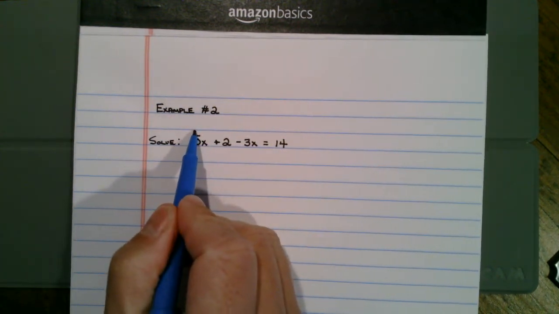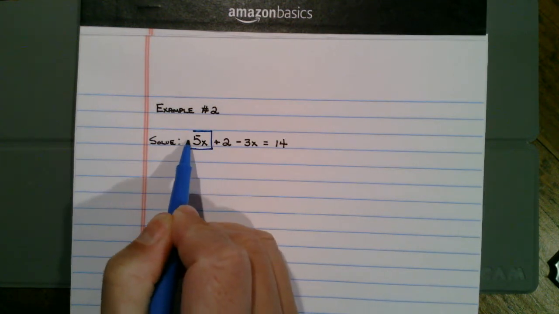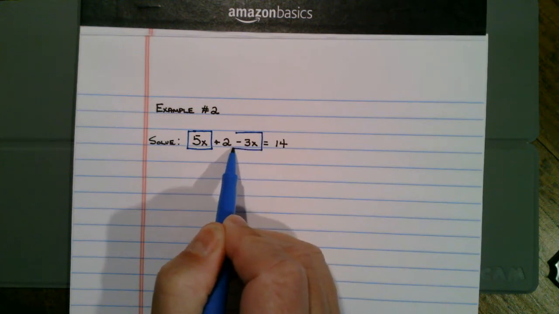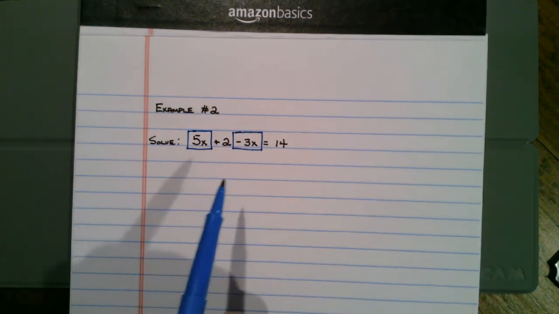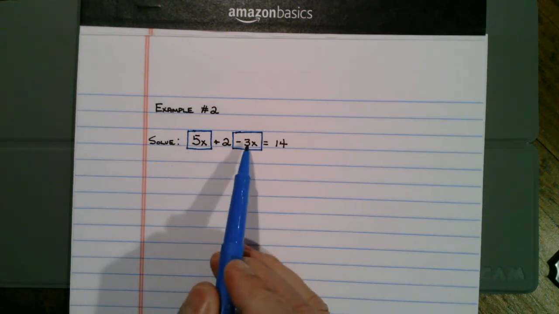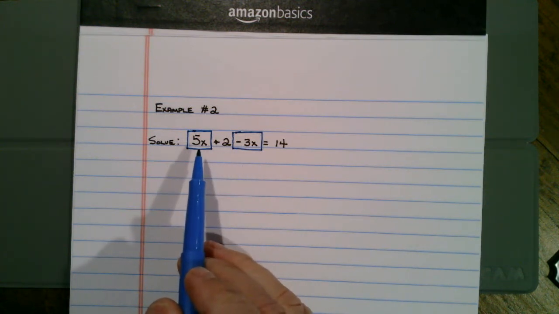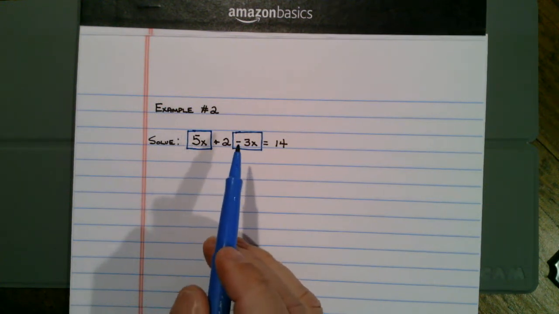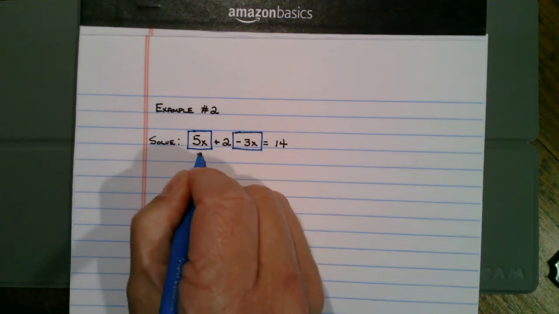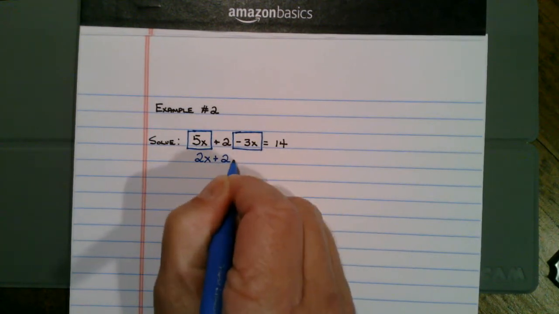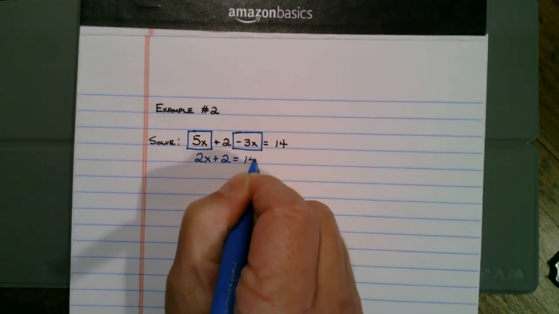I've got a positive 5x right here, and this is a negative 3x. So I use my rules for combining integers together. If the signs are different, I subtract, take the sign of the larger number. So 5x minus 3x, 2x. Bring down the positive 2, bring down my equal sign, and bring down the 14.